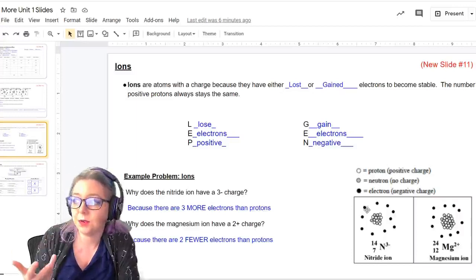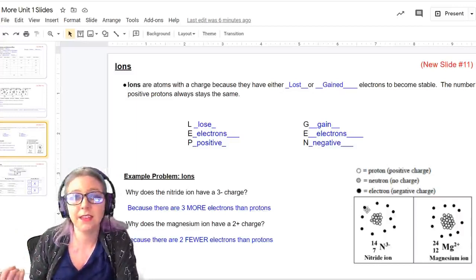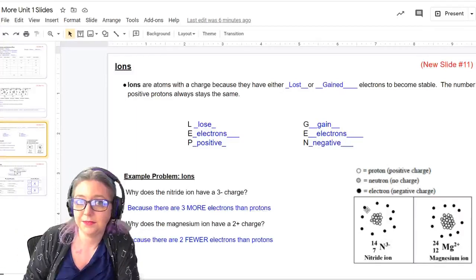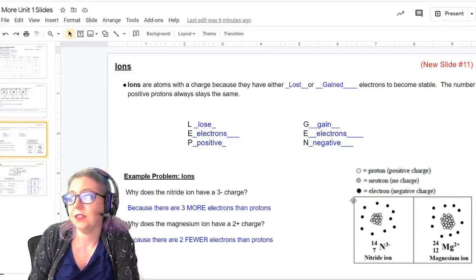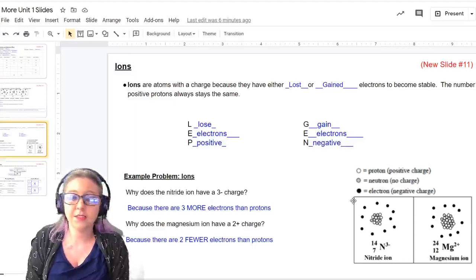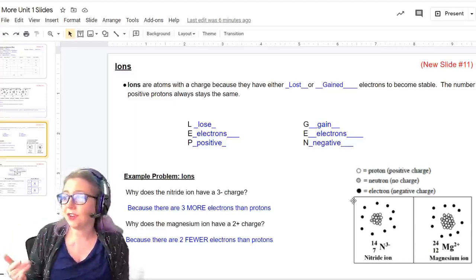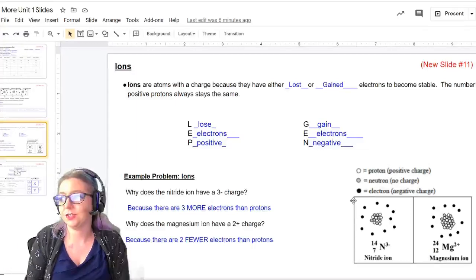I have 7 protons and 10 electrons. So 7 minus 10 is -3. Or you could see that there's a difference of 3. I have a difference of 3 when I count my protons and my electrons. I have more electrons than protons, so that's going to make it a negative charge.